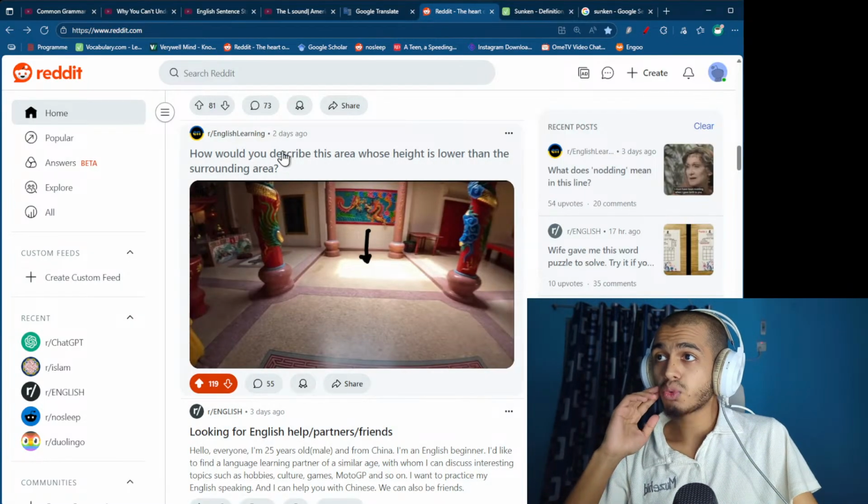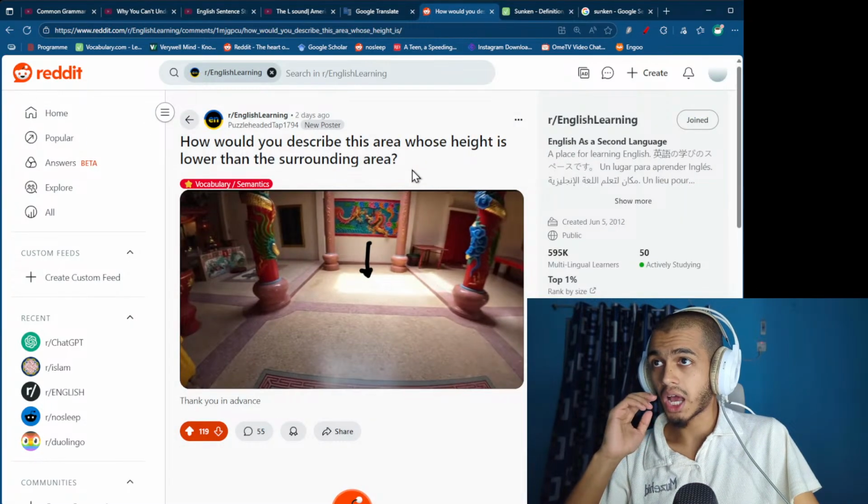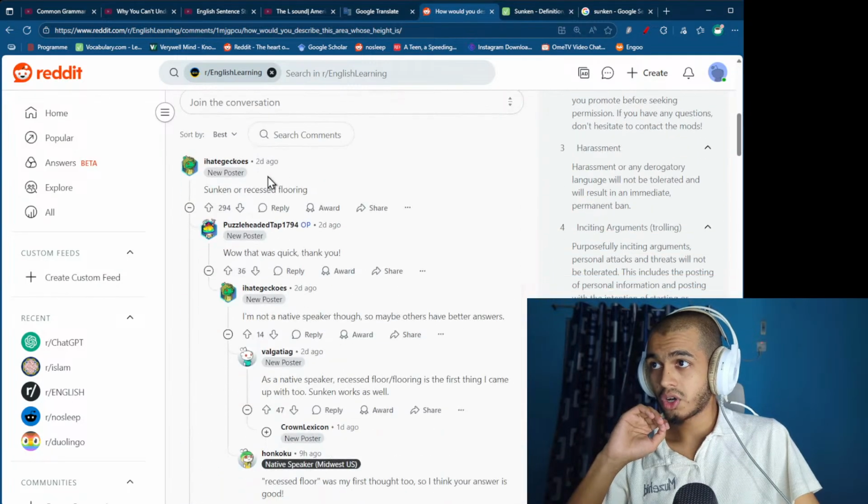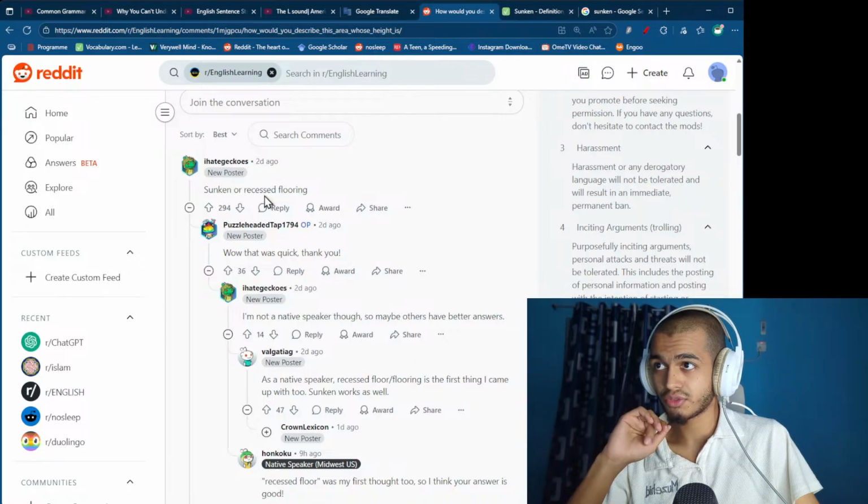Like, how would you describe this area? Those height is lower than the surrounding area. It's called sunken or recessed floor.